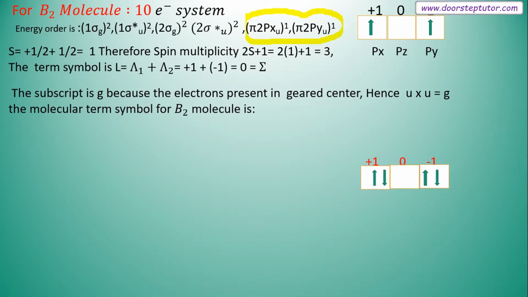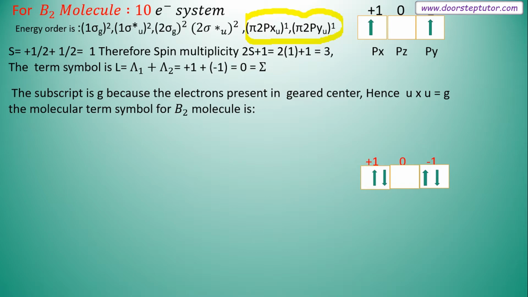The electrons are in px1 and py1, which is very important. There is no electron in the sigma pz orbital, only in pi 2px1 and pi 2py1. So the electrons are in lambda 1 and lambda 2.